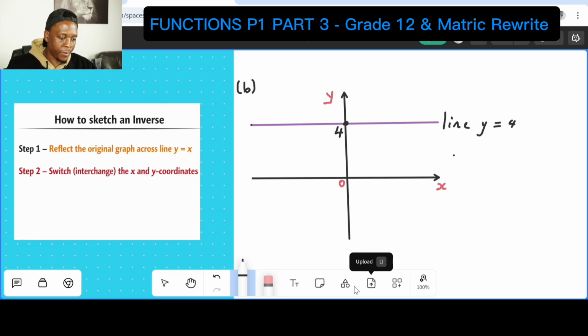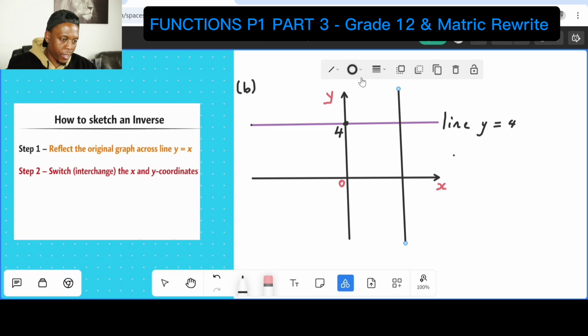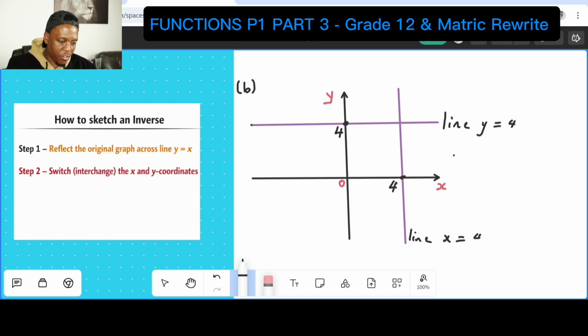Here it is. Okay, let's make it purple again. So the inverse will cut the x-axis at x = 4. And we call it line x = 4. So the inverse of y = 4 will be x = 4.